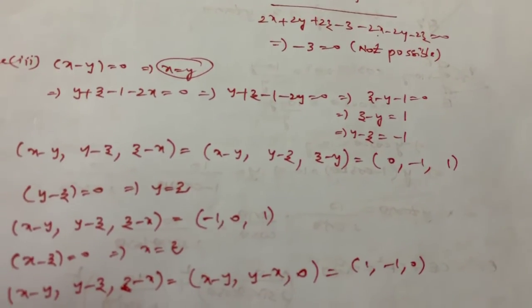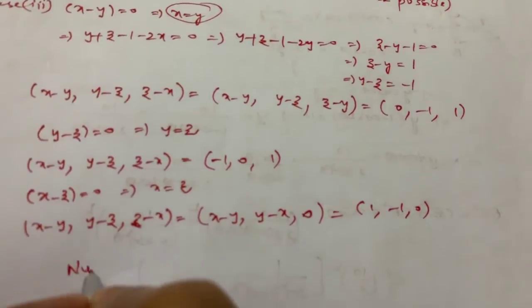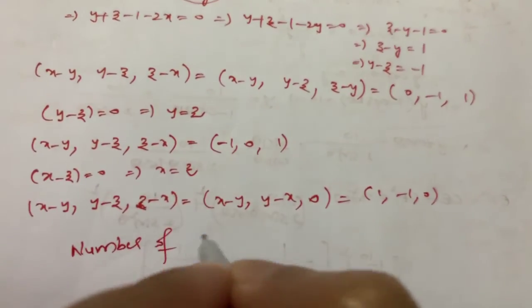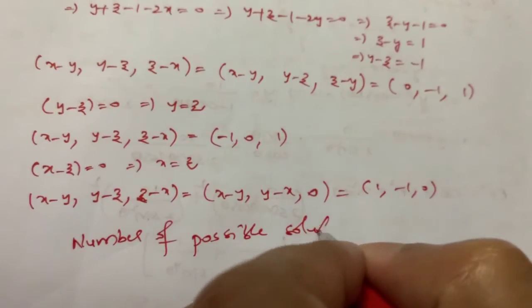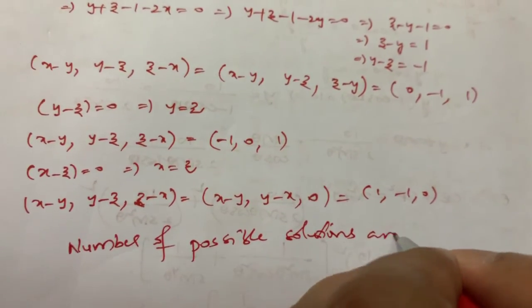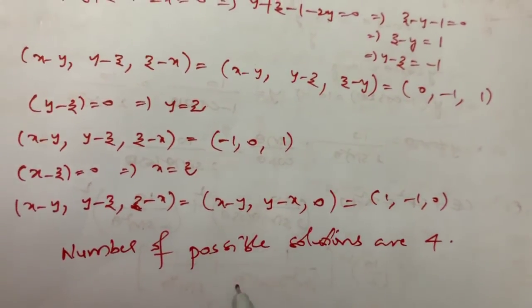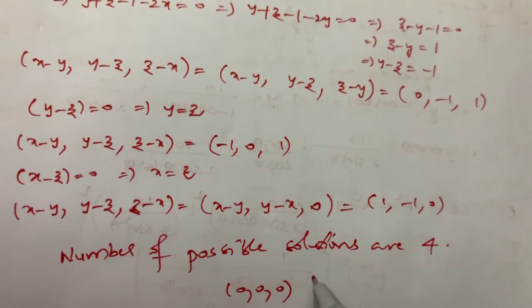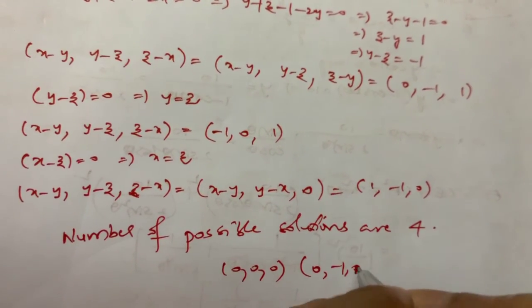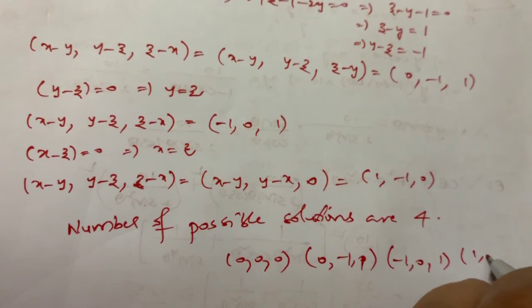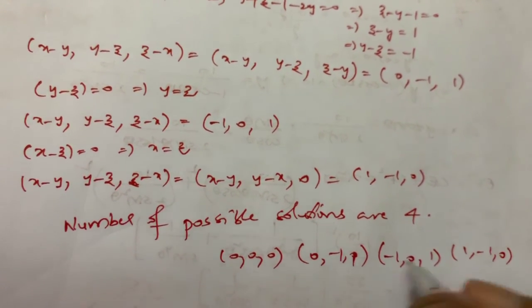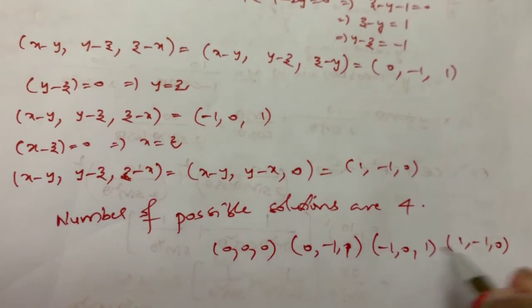So the number of possible solutions is 4: (0, 0, 0), (0, −1, 1), (−1, 0, 1) and (1, −1, 0). So we have these four possible solutions.